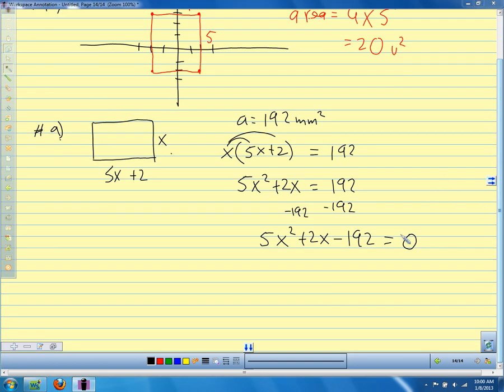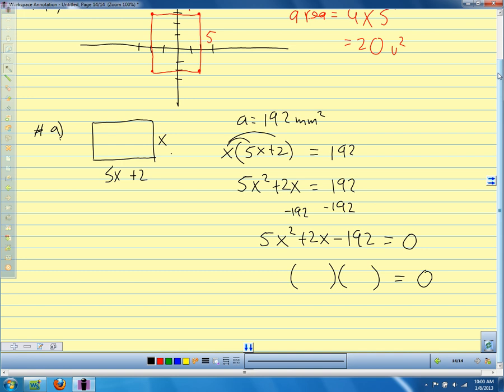When I have an equation with an x squared, an x, and a number, I either have to factor, which means I have to set up my parentheses, and that's going to be equal to 0, or I'm going to use the quadratic formula. This one, because of the 5x squared and the 192, I think is going to be complicated to factor. So I would use the quadratic formula for this one.